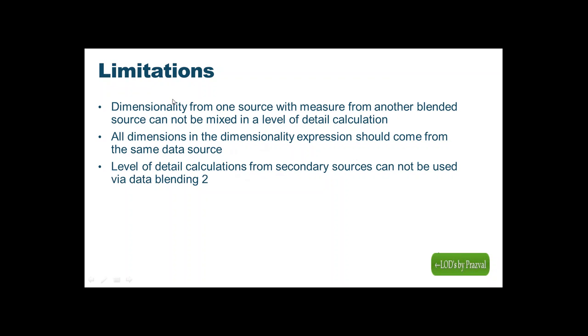These three points tell the same thing. If you're performing data blending and using LOD expressions, the data blending takes place at the Tableau level, whereas LODs execute at the data source level. That's why in the LOD expression, the dimensionality and the measure should come from the same data source.